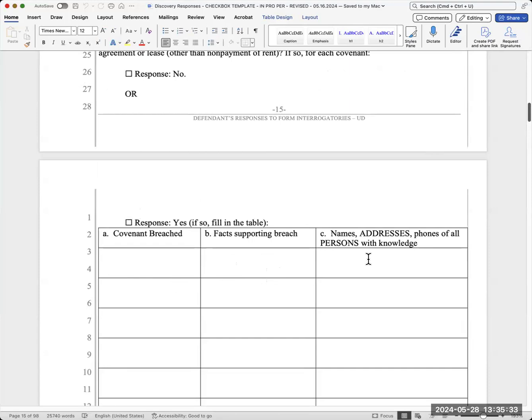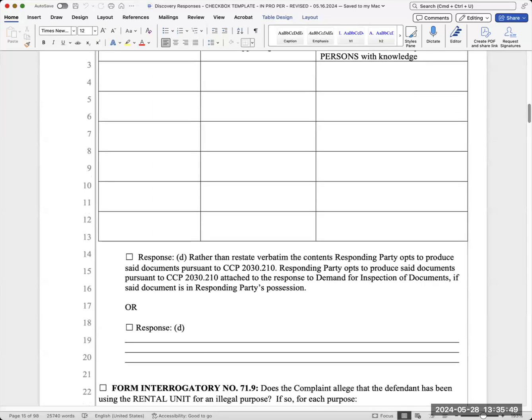And then you put the name, address, and phone numbers of any person with knowledge of what is being alleged and any facts about it, and the defense. And then here is where you would say whether you have tangible evidence. You check here and you attach it to your binder. Otherwise, check here and explain.